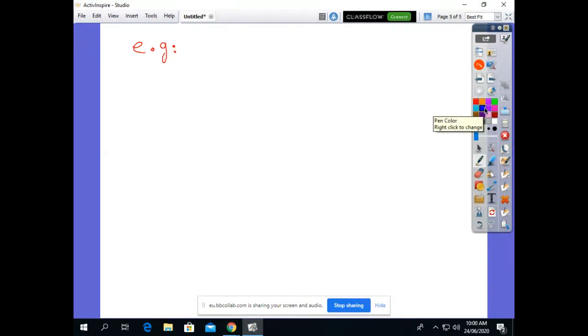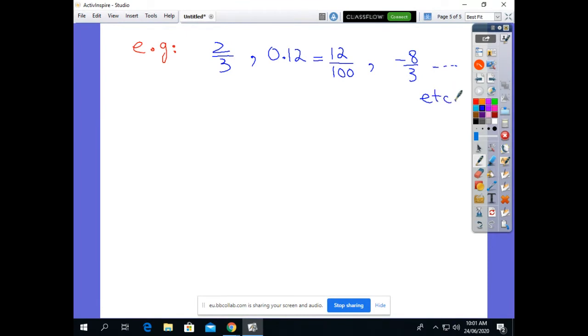Therefore, the number 2 over 3, the decimal number 0.12, because we convert it into P over Q form, that is 12 over 100, and similarly -8/3 are all examples of rational numbers.